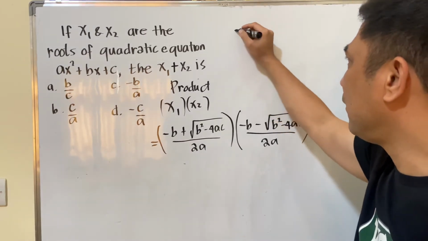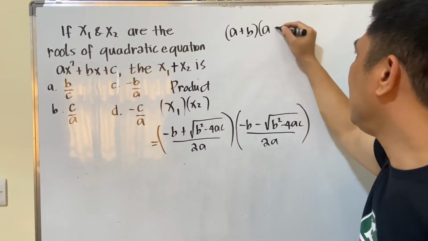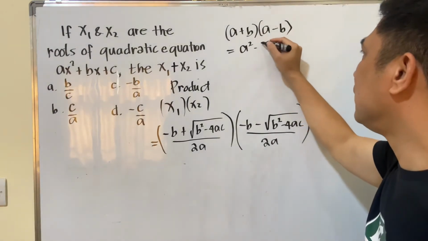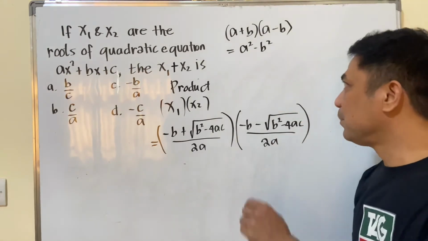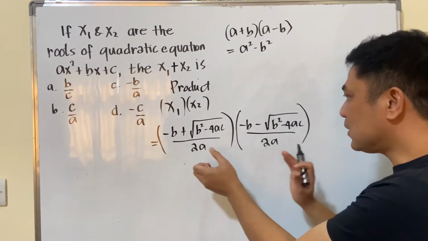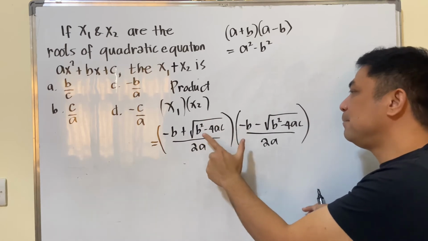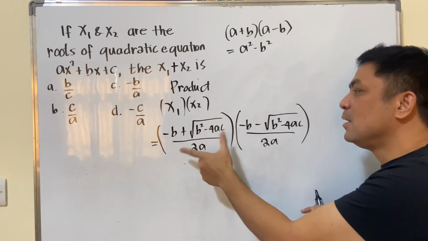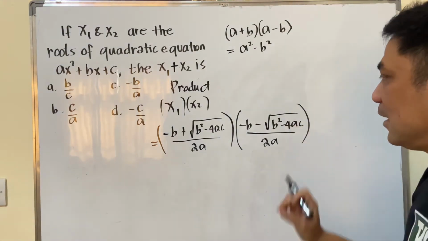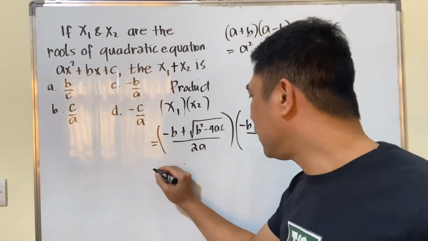If you will remember, if you have a plus b and then a minus b, this will be equal to a squared minus b squared. Since these are similar, the difference only is the sign between your negative b and the square root of b squared minus 4ac. So this is a perfect example of sum and difference of two squares, so we can apply that formula.